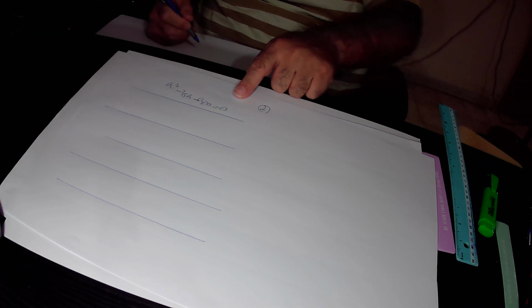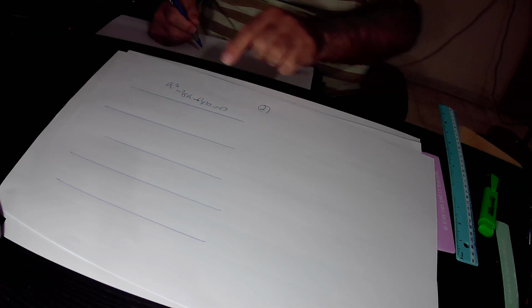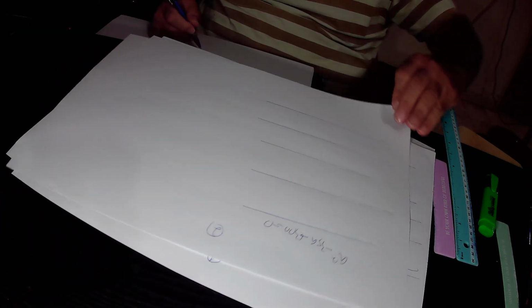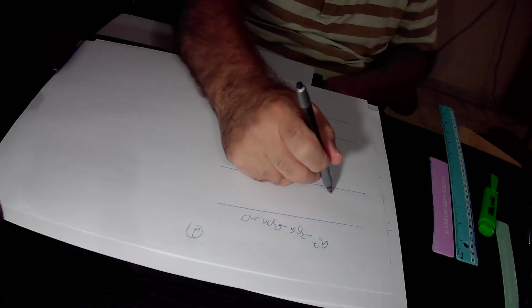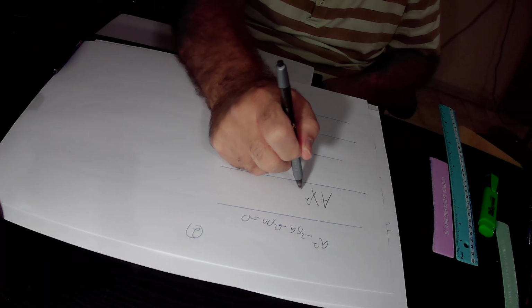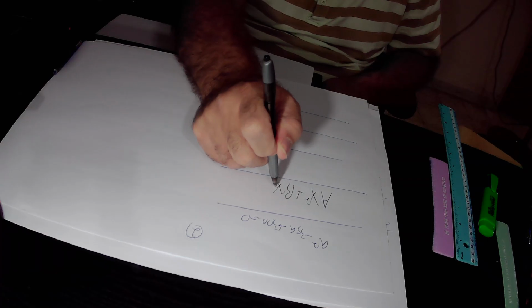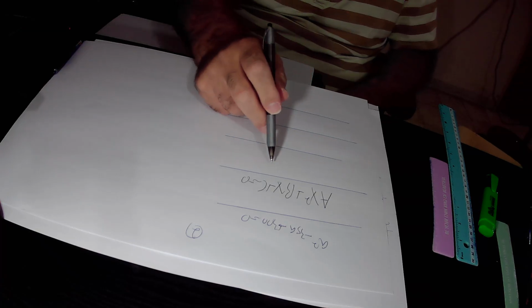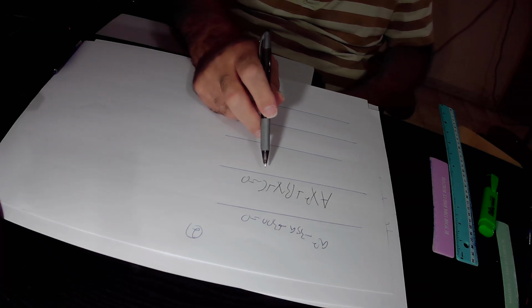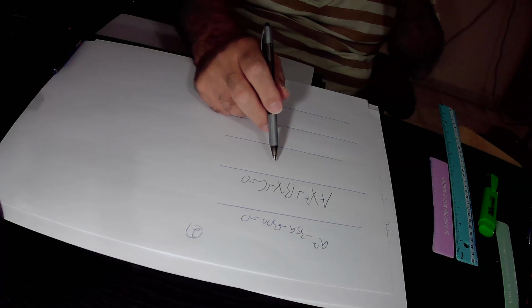So here this is a quadratic equation, and the general formula for a quadratic equation is ax squared plus bx plus c equals 0. In this general formula, a, b, and c are the coefficients of this quadratic equation, and x is the variable that we are looking for.